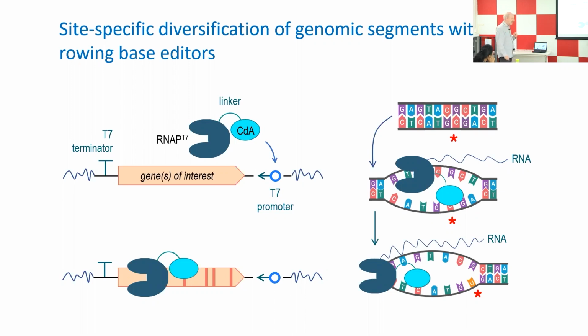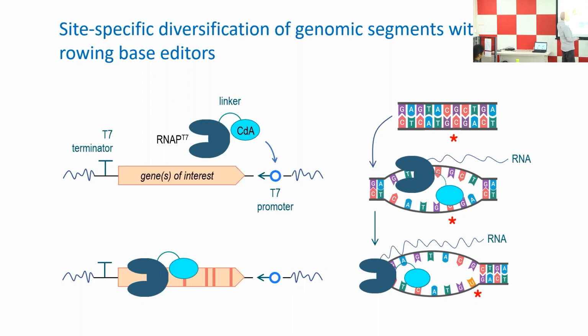But at the same time, apart from being a polymerase, what it does is that it jumps into DNA and then it moves along the DNA until it finds a terminator. Okay? So someone had this bright idea. What if we limit a chromosomal segment between a T7 promoter and a T7 terminator?